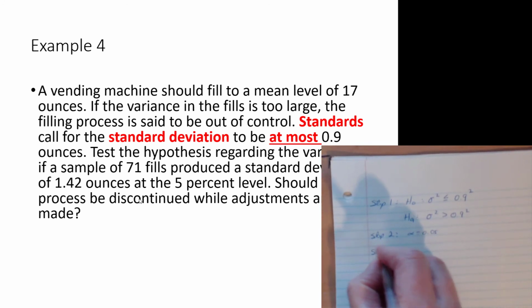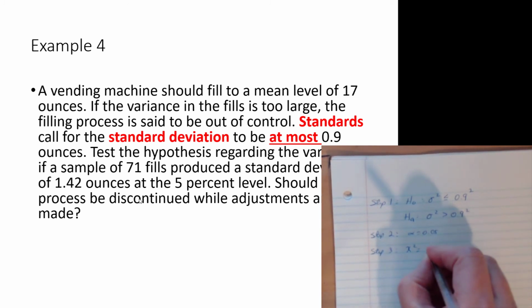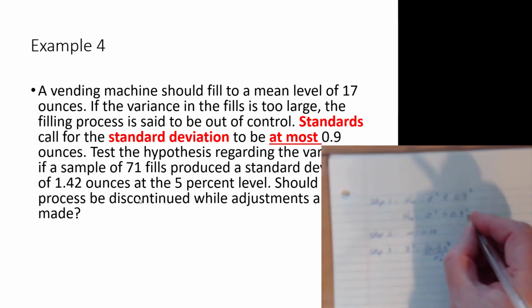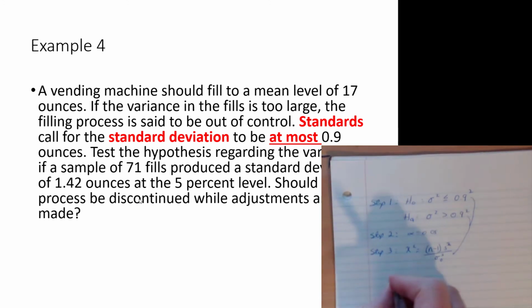And then I move on to step 3, good old test statistic. Got my chi-squared equals (n minus 1) times s squared all over sigma squared naught. Remember that sigma squared naught coming right out of our hypothesis. Okay. Chi-squared equals our sample size, 71 minus 1, times 1.42 squared all over 0.9 squared.